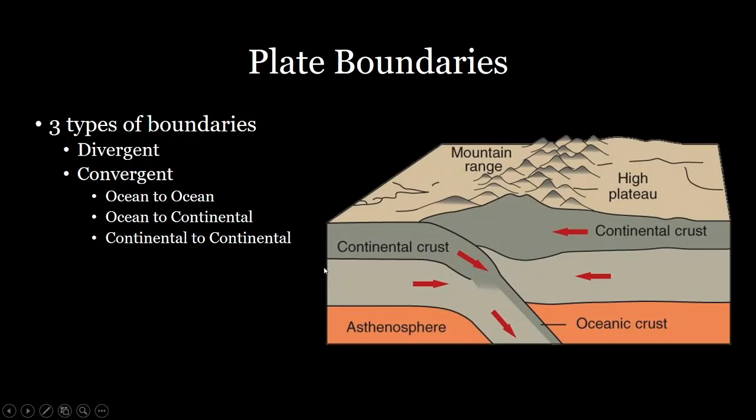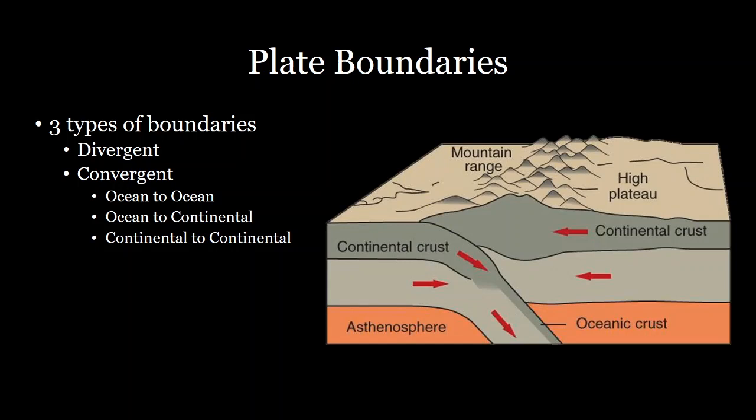So then the last type of convergent plate boundary is a continent-to-continent plate boundary. And so these are very thick plates that have relatively equal densities. And so when they hit each other, they collide, and they don't really know which one should subduct under the other. And so you have a lot of mountain building that occurs.